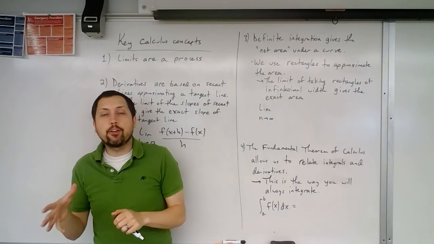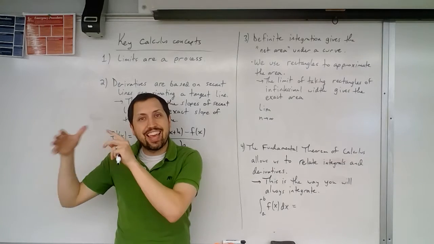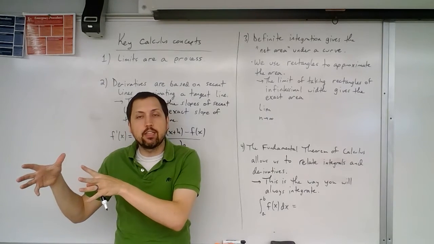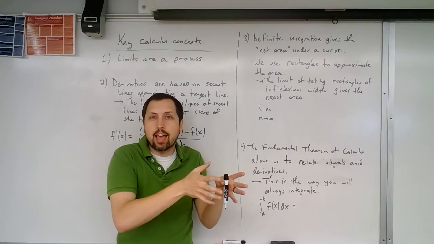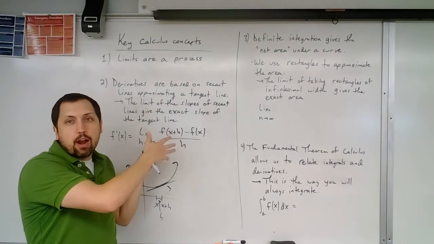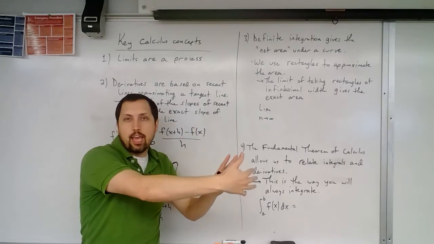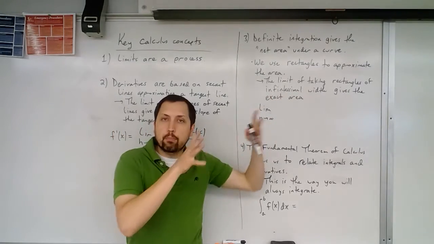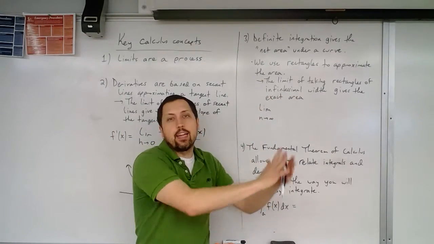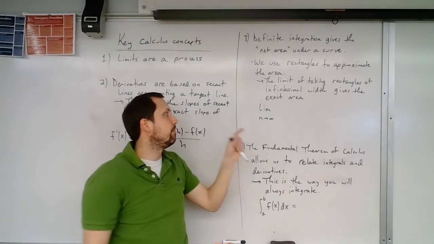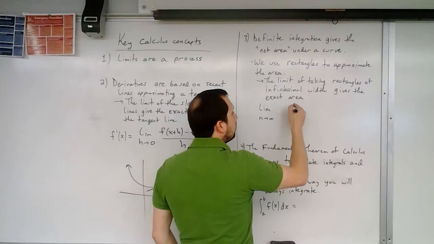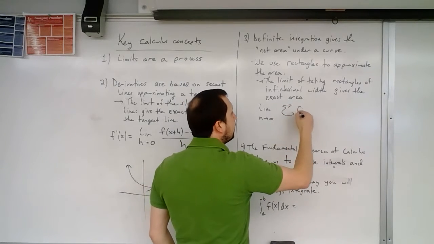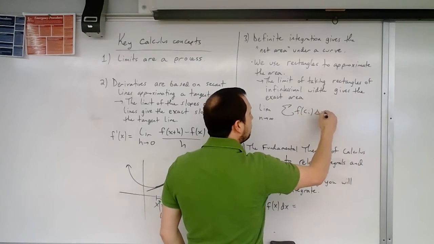So a lot of calculus is this process of taking the approximate and limiting it to become the exact. If you can remember that: here we took an approximation, limited it, it became exact. Here we took an approximation, we limited it, it became exact. So what we saw with this limit was we took the sum of all of these areas of f of c sub i times delta x.